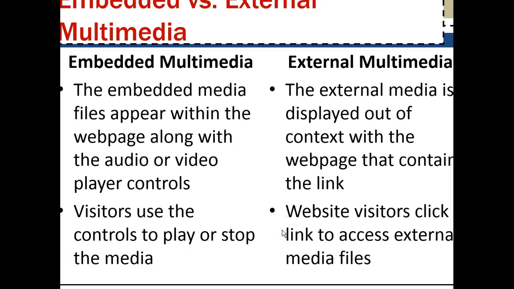With the external media, the person who visits the website can click on the link, and they can then decide whether to link directly to the external source, or maybe if they want to download the file. Unlike the embedded media, the external media is displayed out of context with the web page that contains that link. So using external links is very common in web development.